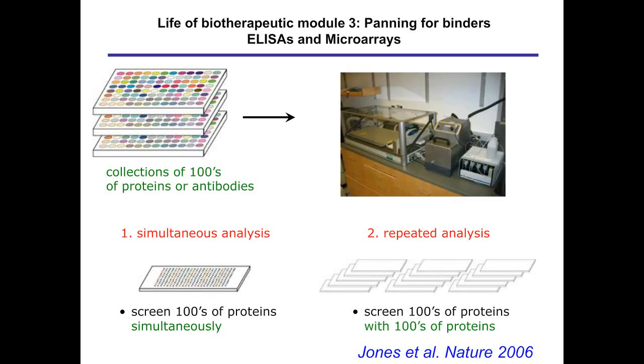So in phase 3, I've talked a bit about panning for binders. In an earlier publication as a postdoc, I wished to uncover the connectivity of proteins in signaling networks. Through this exercise, we cloned and expressed hundreds of SH2 domains.